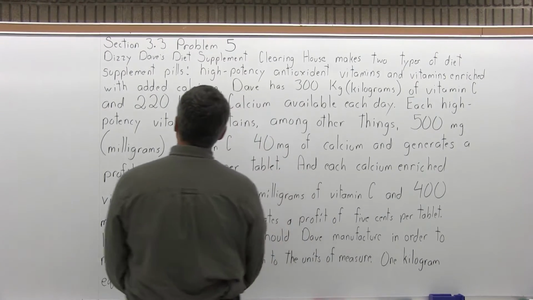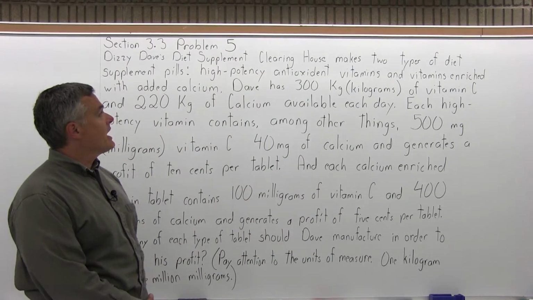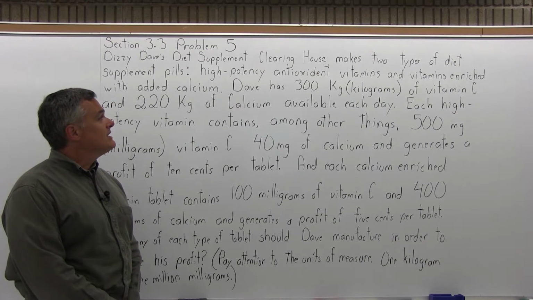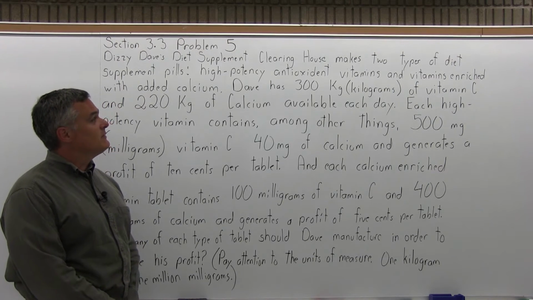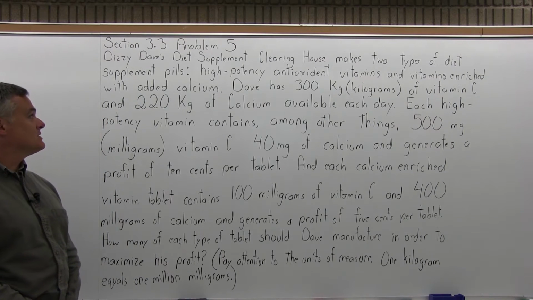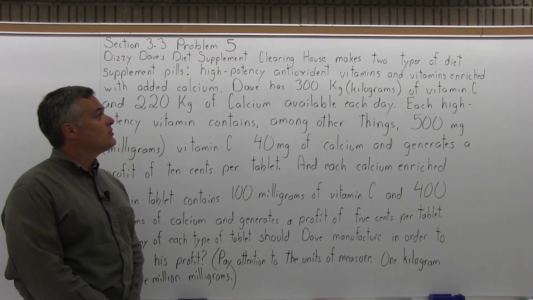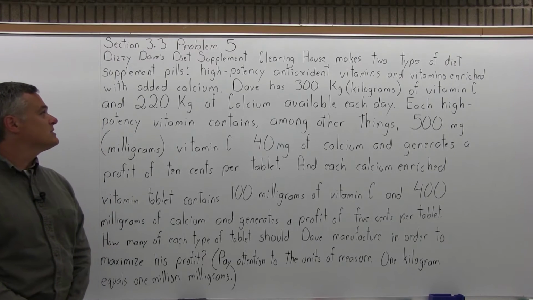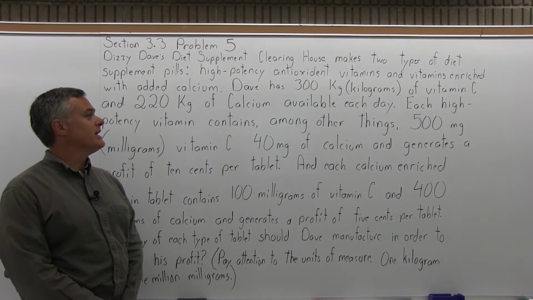It says, Dizzy Dave's Diet Supplement Clearinghouse makes two types of diet supplement pills, high-potency antioxidant vitamins and vitamins enriched with added calcium. Dave has 300 kilograms of vitamin C and 220 kilograms of calcium available each day.